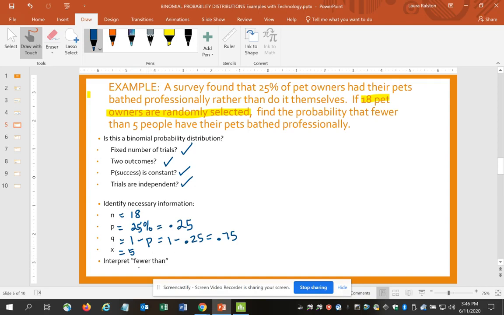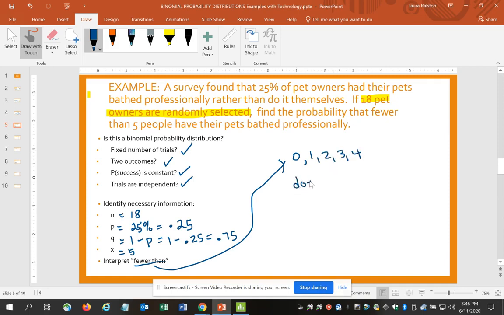Okay, and so then let's think about the phrase fewer than. The main thing you want to think about here with fewer than is, should you include 5 or not include 5? Well, when I think fewer than, I'm thinking it could be 0, 1, 2, 3, 4.